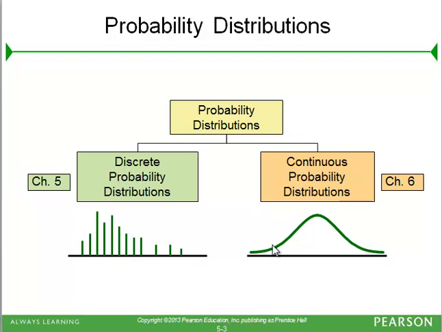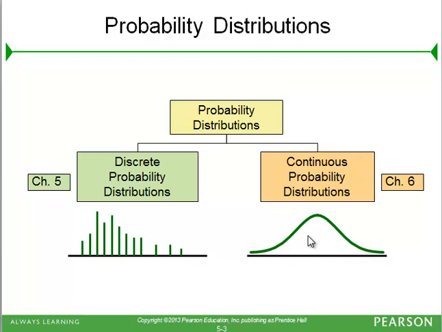It is not like the discrete probability distribution, which is based on individual values. Continuous probability distributions are based on intervals. The probability is represented by an area under the probability distribution.